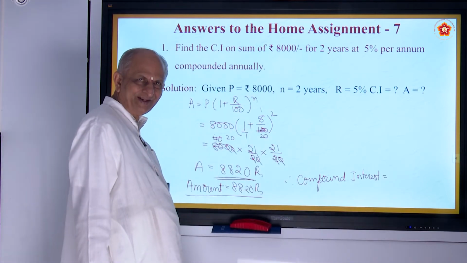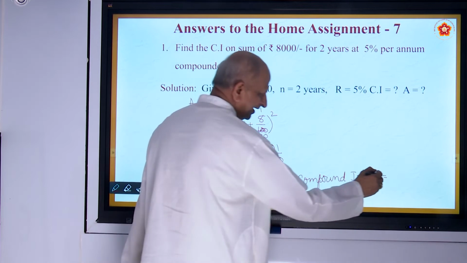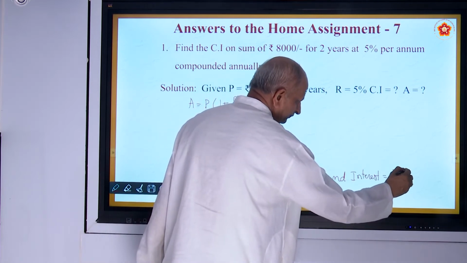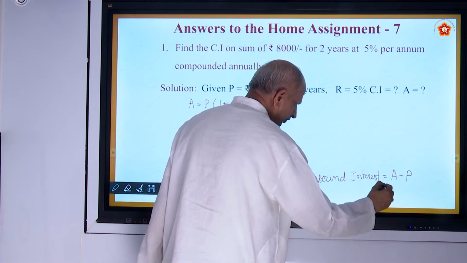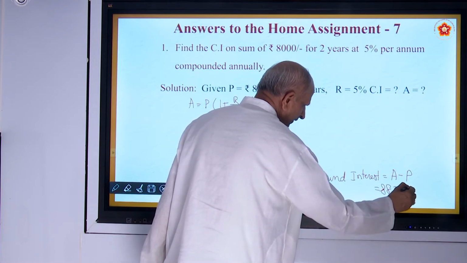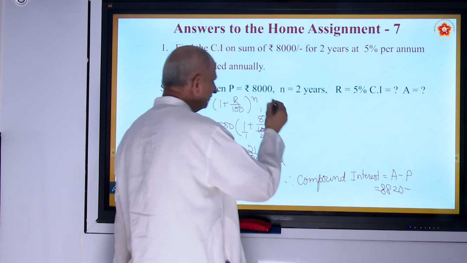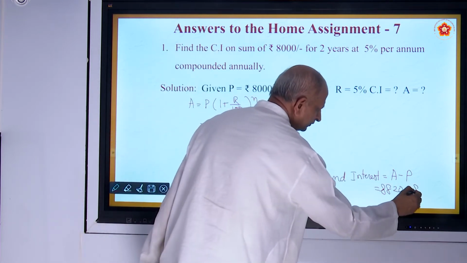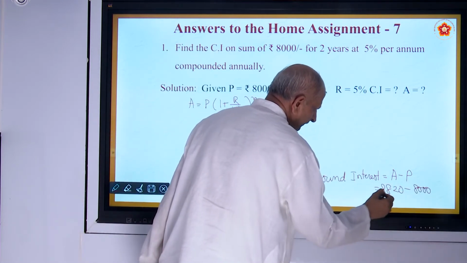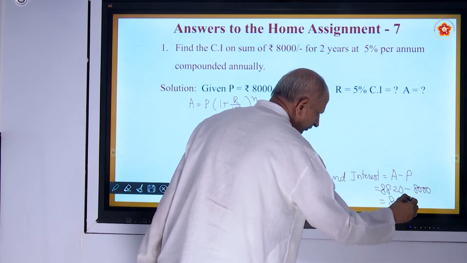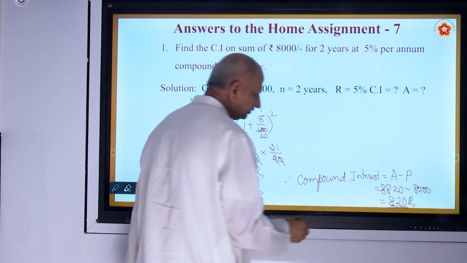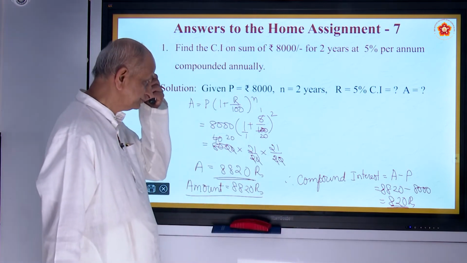Correct? CI, what do you call? A minus P. What is A? 8820 minus P, principal 8000. So we get a beautiful answer, 820 rupees. That is the amount. Sorry, that is the compound interest.